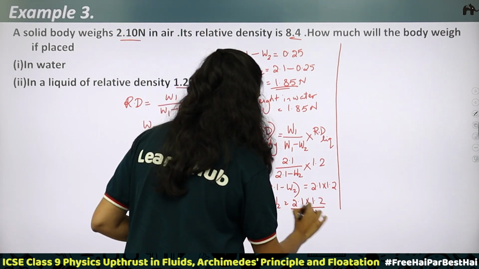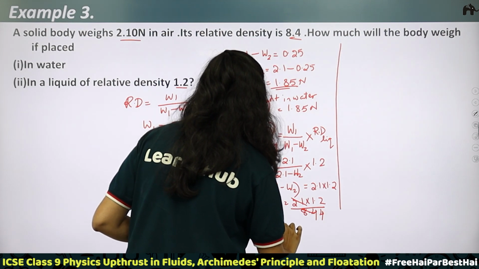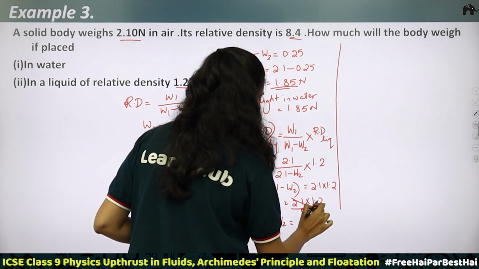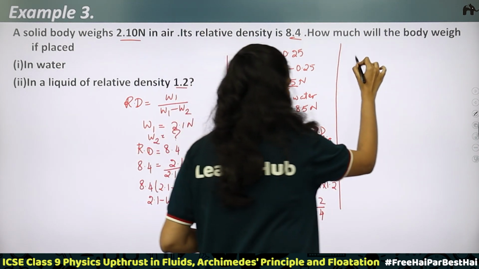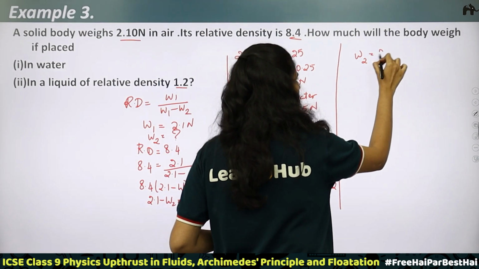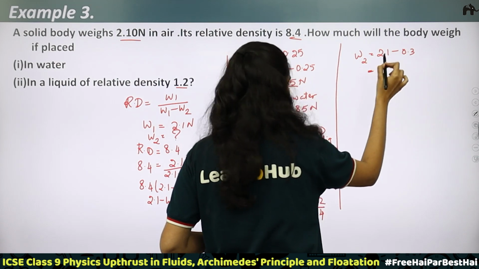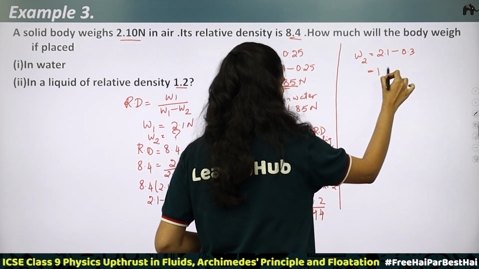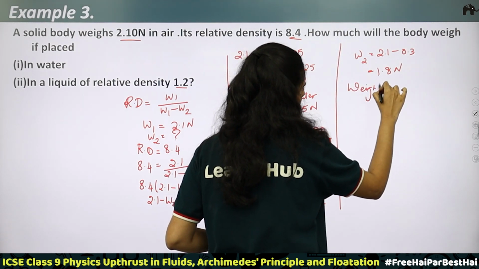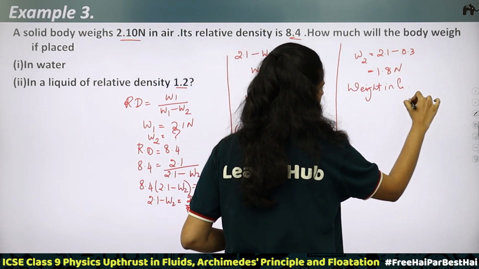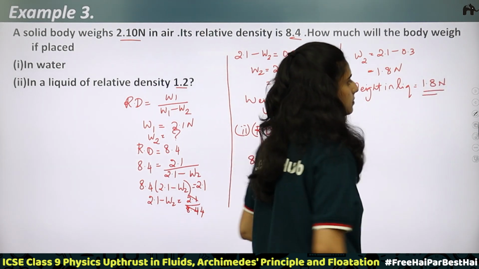When cancelled you will get 4 over here, and this becomes 2.1 minus W2 is equal to 1.2 divided by 4, which is 0.3. Then W2 is equal to 2.1 minus 0.3, which on subtracting gives 1.8 Newton. So the weight in liquid is equal to 1.8 Newton.